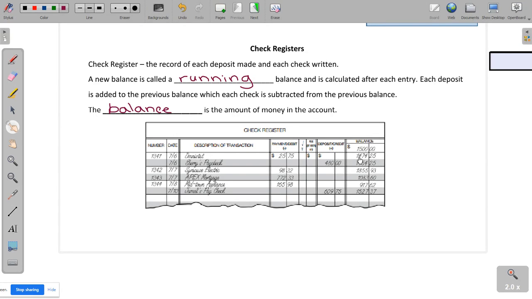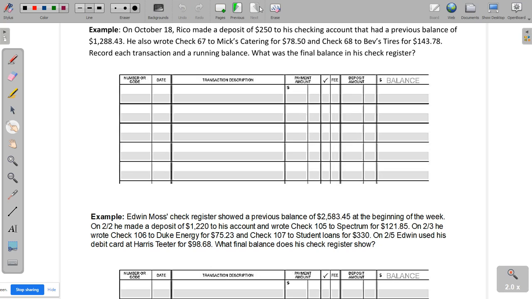So the amount of money on the same line is your running balance. So the actual balance of this checkbook right now is this amount right here, $1,527.37.